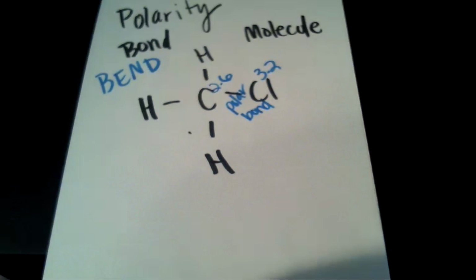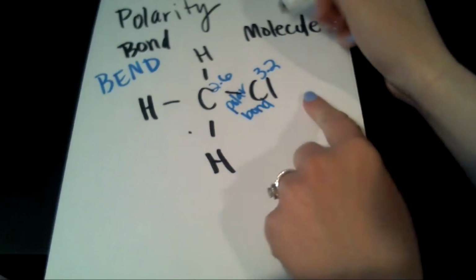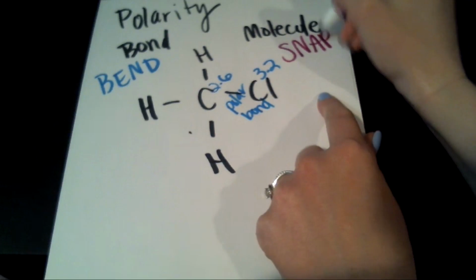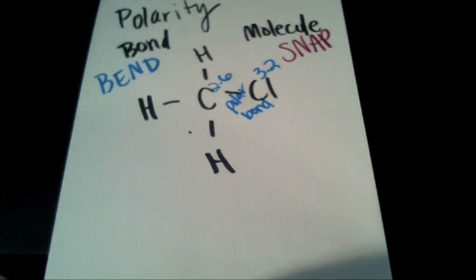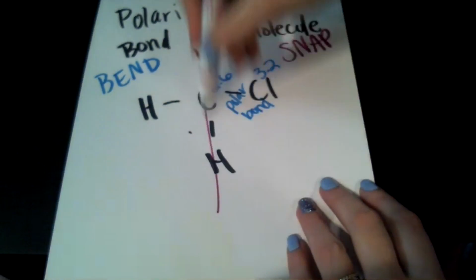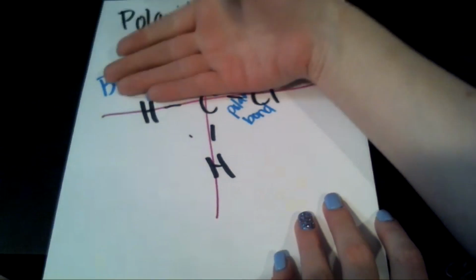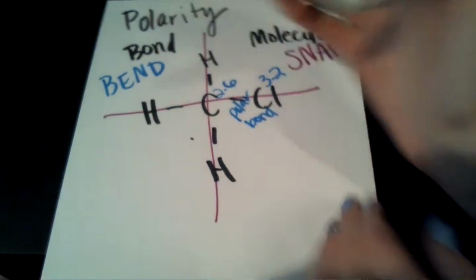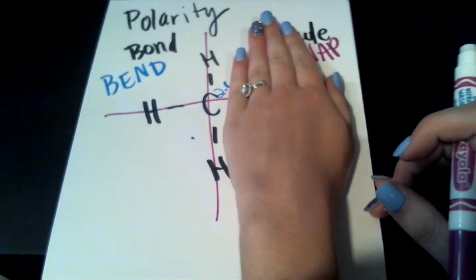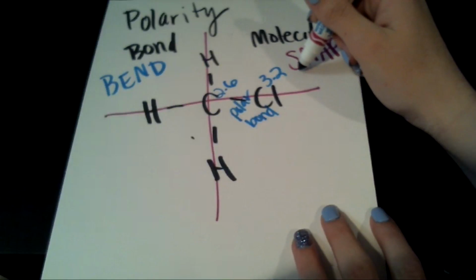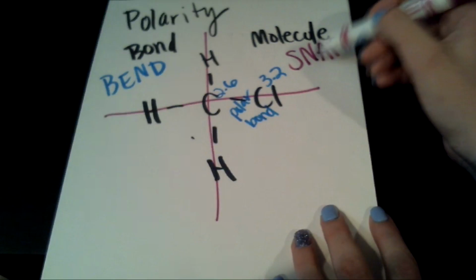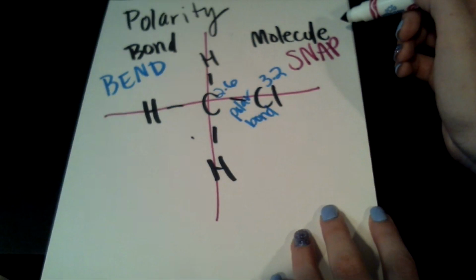Then to look at an entire molecule, we use SNAP. You split the molecule like this in a plus sign. If the top is the same as the bottom and the left is the same as the right, your molecule is symmetrical and nonpolar.